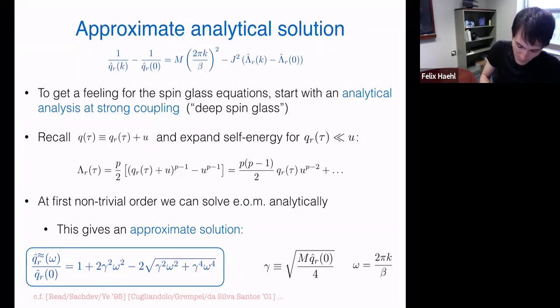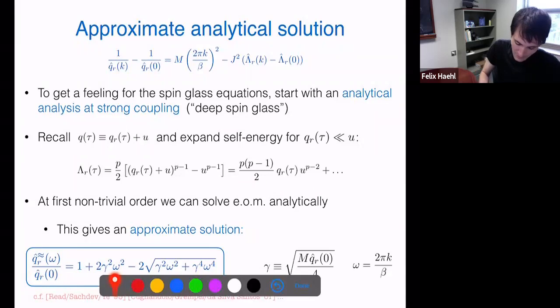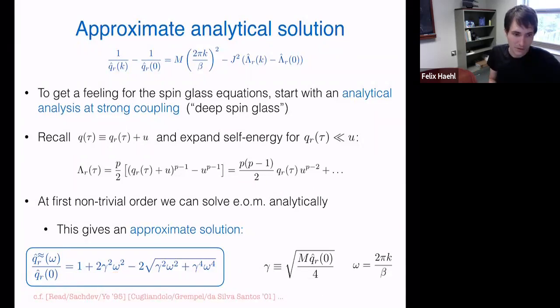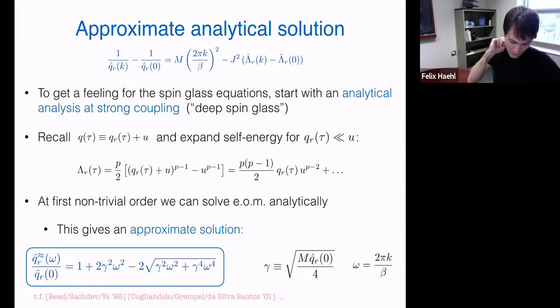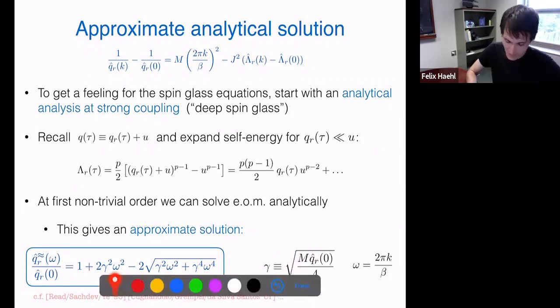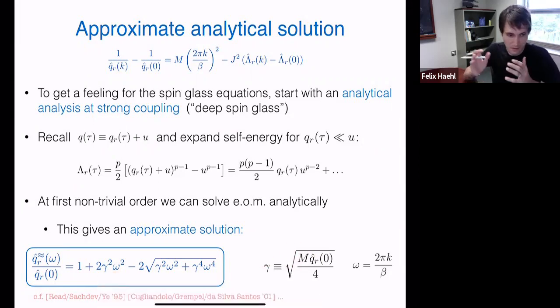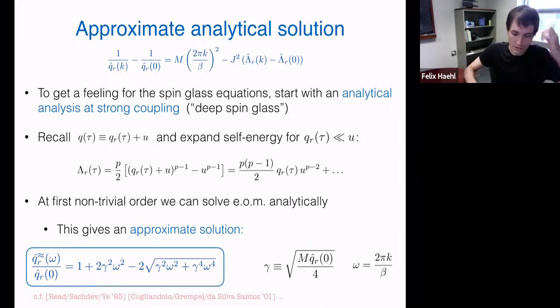If we just keep the first term in this expansion of the self-energy, we get some approximate solution, which we can write down analytically. It's completely explicit, and I wrote it here in frequency space. Gamma is some parameter that depends on the zero mode. So as you can see, the zero mode plays an important role. It shows up all over the place.